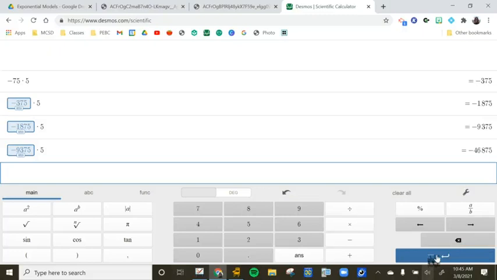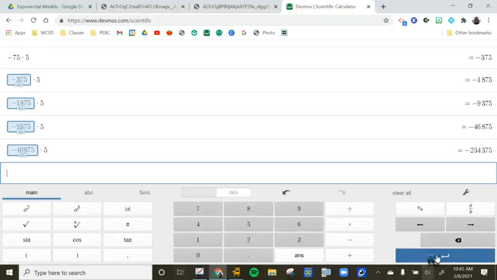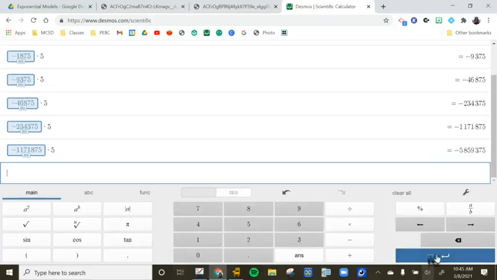So my third term would be negative 9,375, and then negative 46,875, and then keeps going and going and going. Does that make sense? Yes?